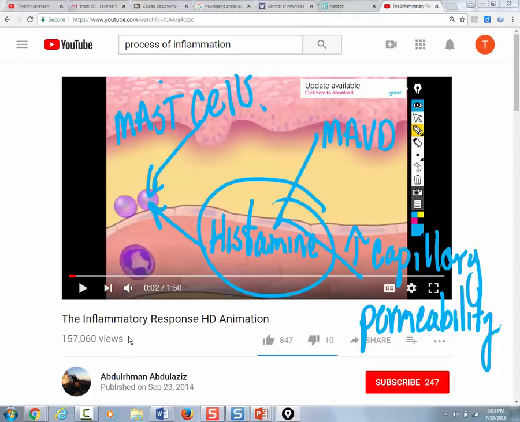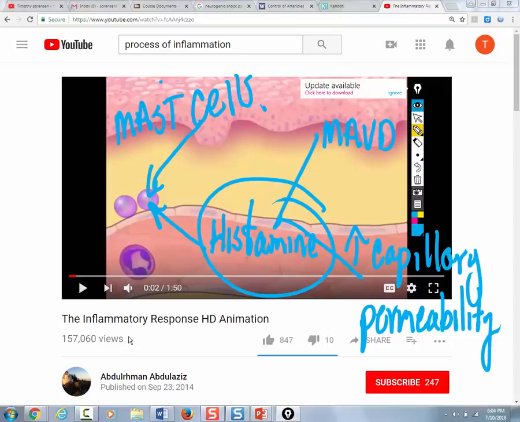So when the mast cells are ruptured, it's going to release histamine. Say yes. What do histamines do? They cause massive arterial vasodilation. And what kind of blood is carried by arteries? Blood that is red and hot. It's warm. So what happens?